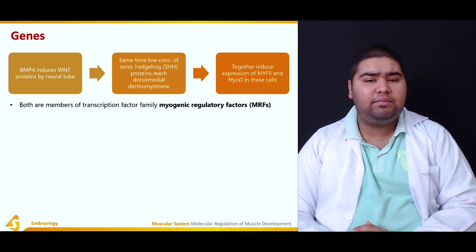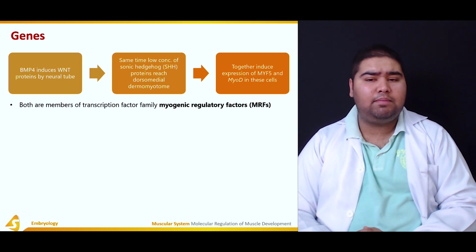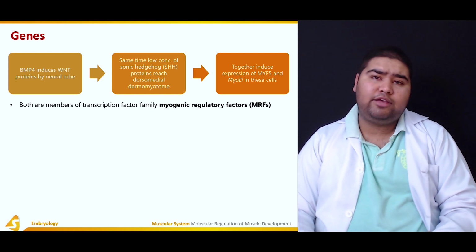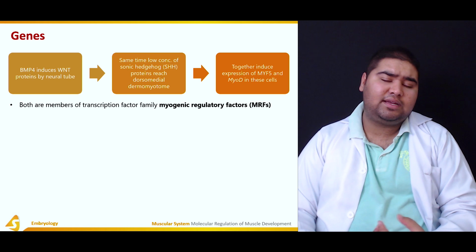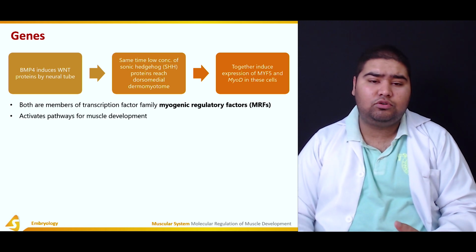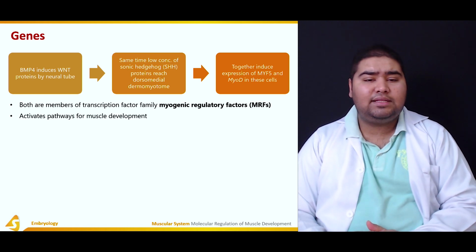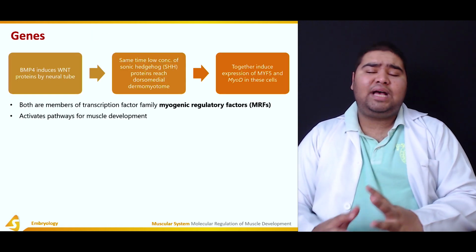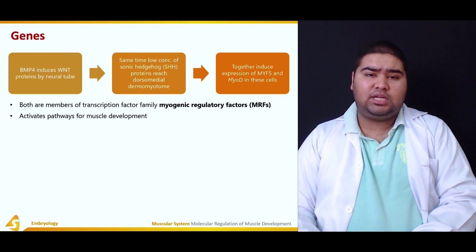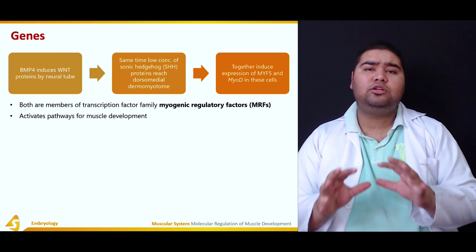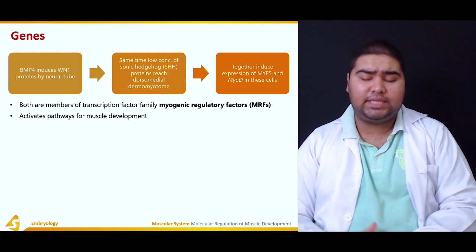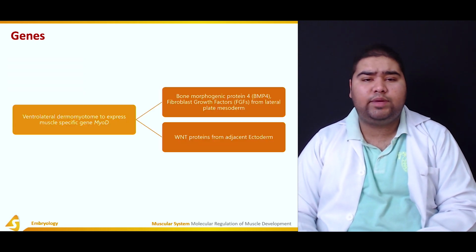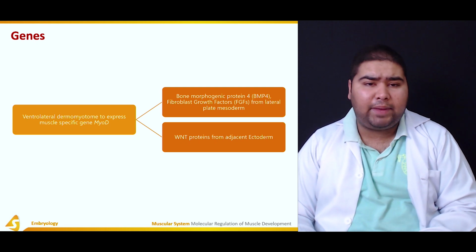So both are members of a transcription factor family, myogenic regulatory factors. Myogenic is muscle, regulatory factor is something that regulates or controls it. These activate the pathways for muscle development. So what happens is all of these genes initially act on the somite. This somite induces the formation of gene MyoD.